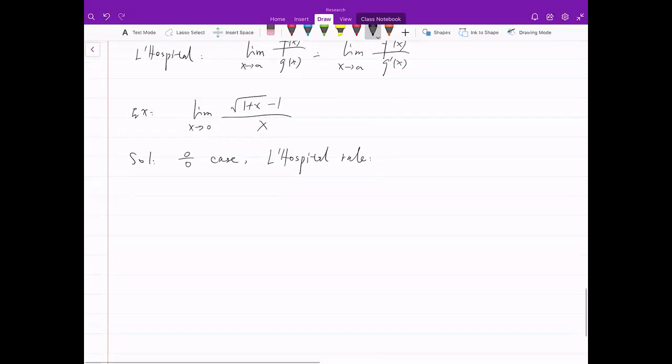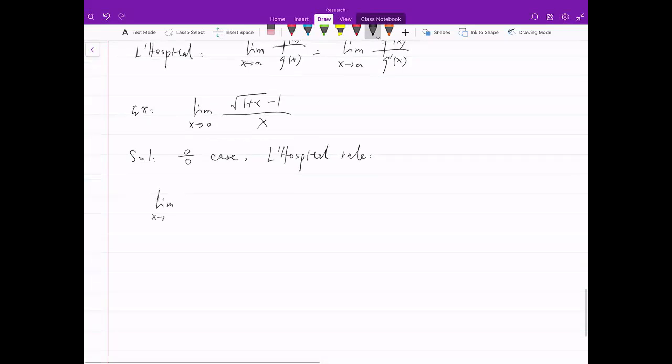Then what I do is take the limit, take the derivative of each. Bottom is 1. The top is 1 over minus 0.